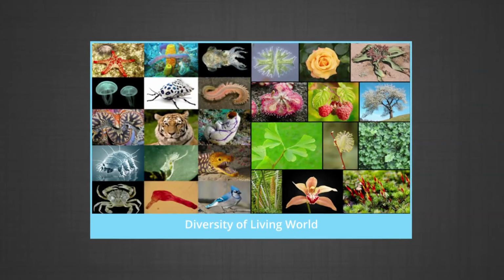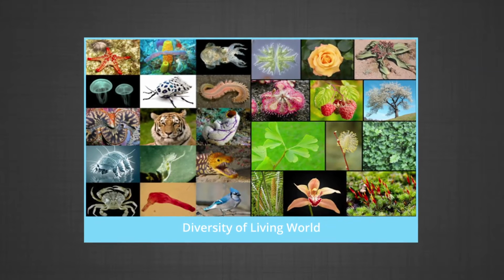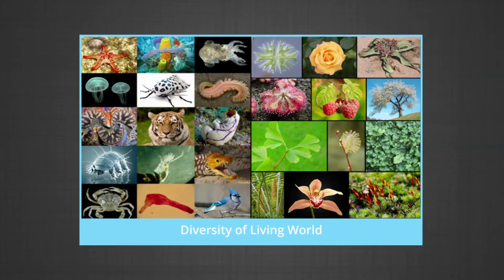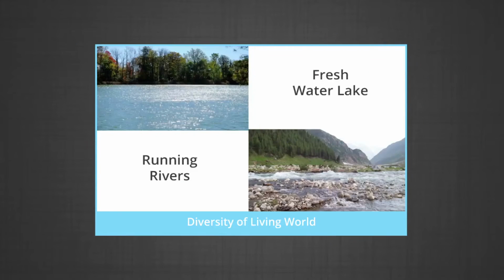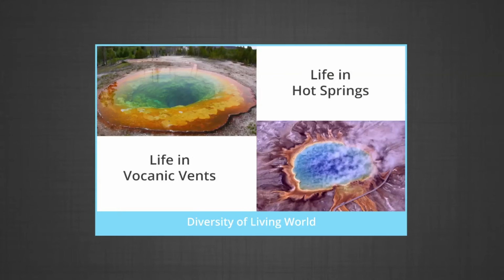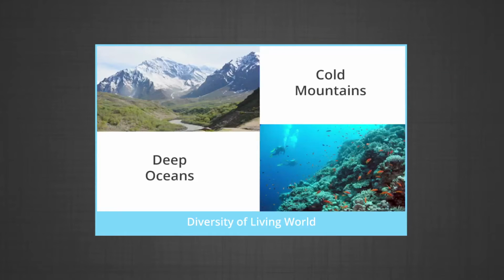Diversity of the living world. Life has an amazing ability to adapt to different environments. It can develop mechanisms for surviving from extreme heat to extreme cold, from extremely humid regions to long, prolonged droughts, high mountain altitudes to the deep oceans.